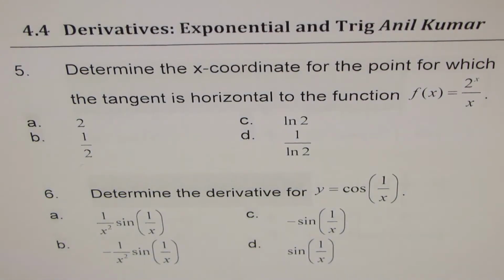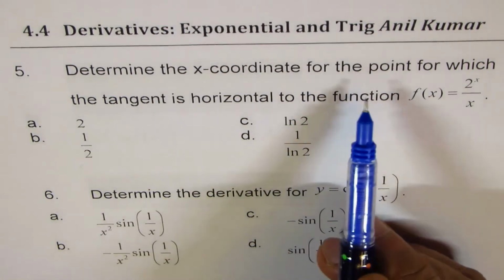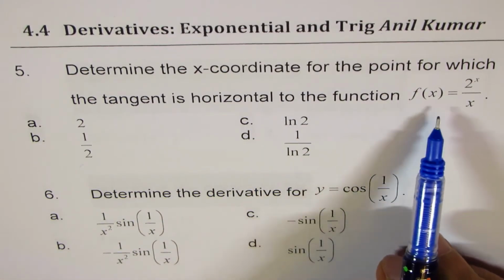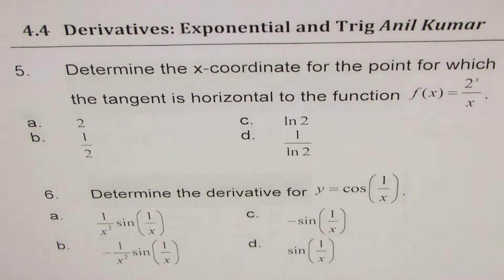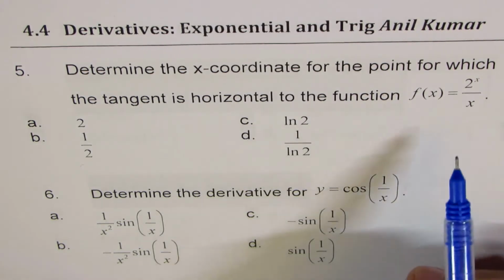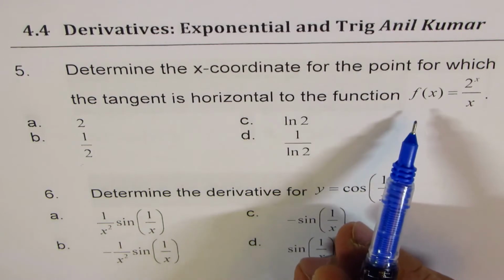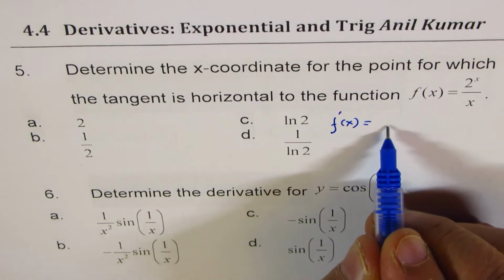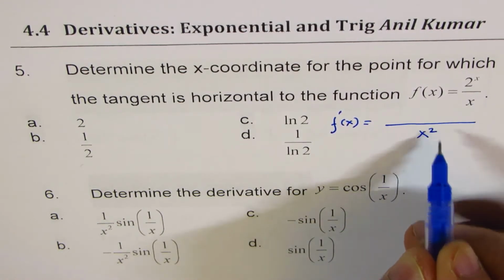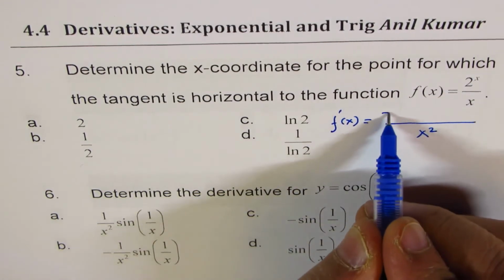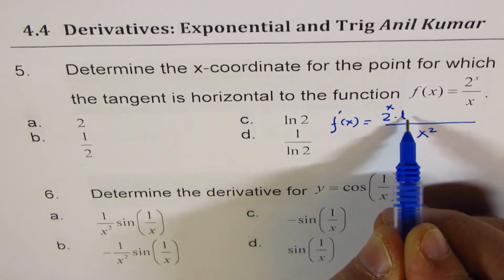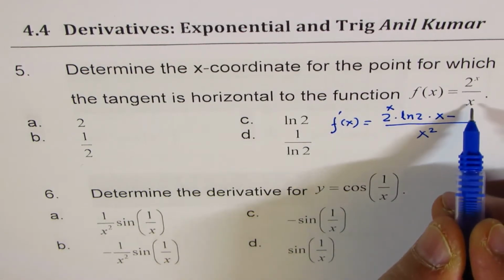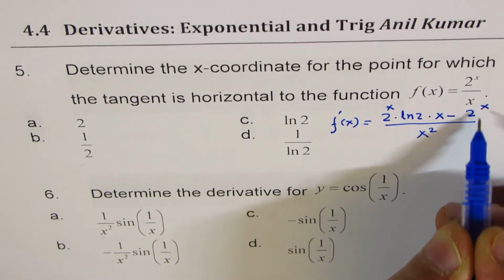Question number 5. Determine the x-coordinate for the point for which the tangent is horizontal to the function f of x equals 2 to the power of x divided by x. Horizontal means derivative is 0, so let's find the first derivative. We'll use the quotient rule, right? Denominator x squared. Derivative of 2 to the power of x is 2 to the power of x times ln 2. Then we multiply that by x minus derivative of x, which is 1, so we get 2 to the power of x here.